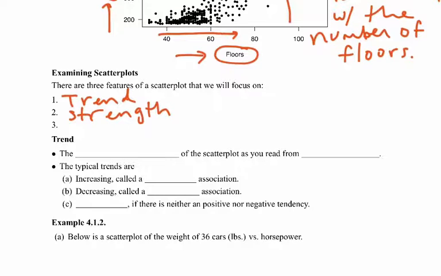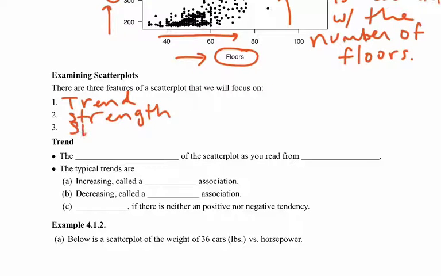If the points are close together, that indicates a stronger relationship. If they're spread apart, that indicates a weaker relationship. And the shape of the graph. We're only going to look at scatter plots that are linear in shape, but they can be others. You can have ones shaped like a parabola, ones shaped like a logarithmic function, and so forth. But in this class, we're going to focus on linear scatter plots.